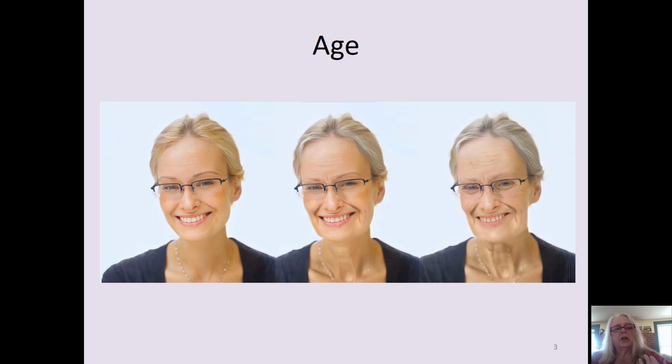Well, of course, genetics, their health, how they've been maintaining themselves. Perhaps they've had some surgical enhancement done. Perhaps they color their hair. We can alter aspects of our physical being to appear younger than we are. We can also, through cosmetics, alter our physical being to appear older than we are.